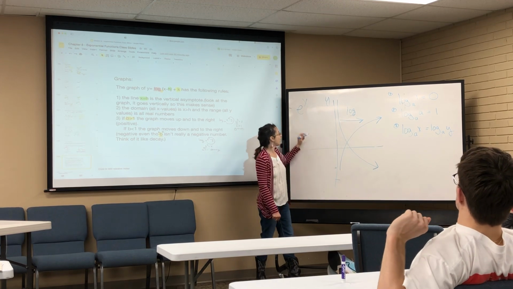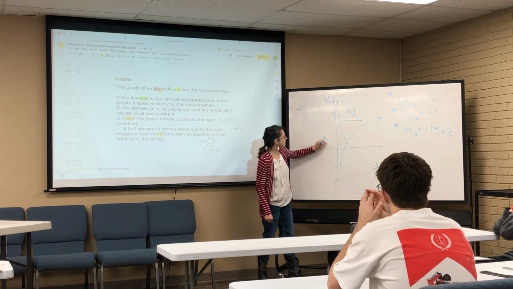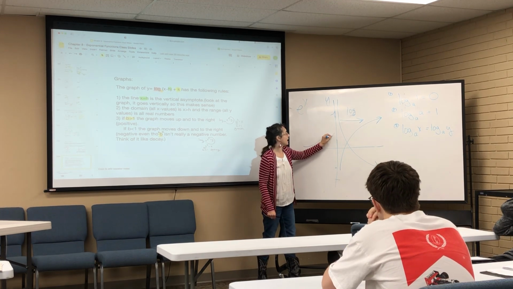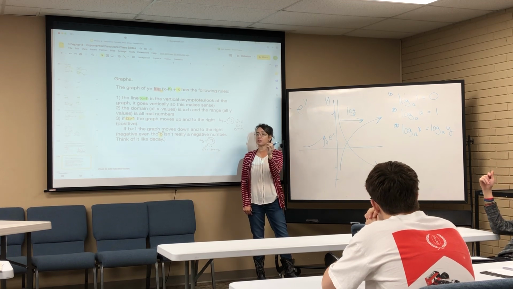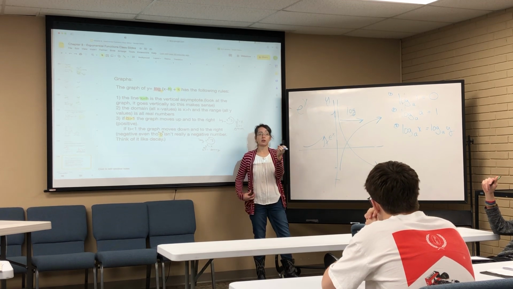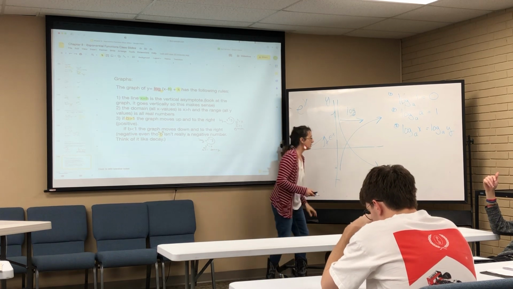If it is moving away from the x-axis, then it is an exponential graph. Those are ways we can automatically identify what our graph looks like, maybe if we're having to pair things up on a test.